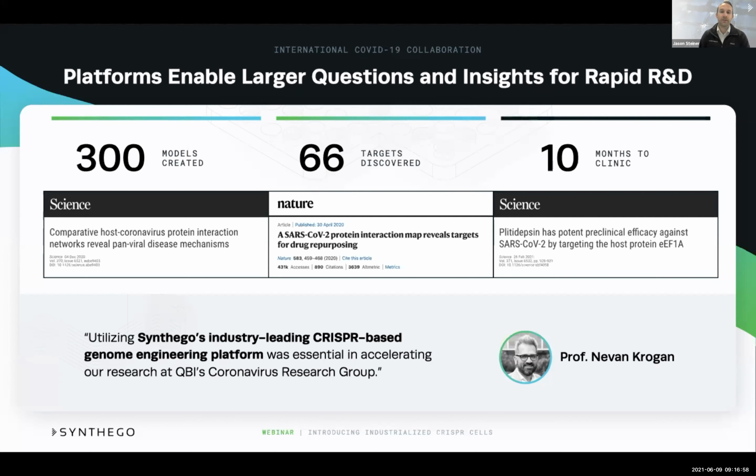Combining that with other technologies like high throughput phenotypic analysis and the rise of a whole class of machine learning technologies is really potentially going to be able to allow us to unlock a deeper understanding of disease, studying not one or two, but potentially hundreds or thousands of genes at a time and their interactions to accelerate the development of novel therapeutics. So that's kind of a description of the platforms that we're building.